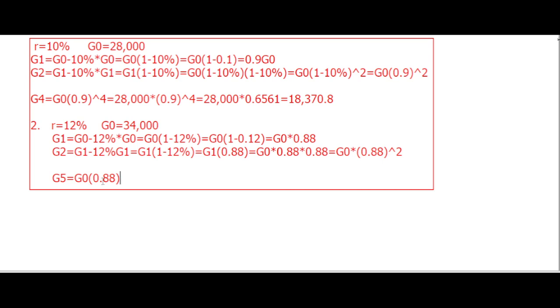We have given G0 34,000 times 0.88 power 5, which is equal to, now let's calculate 0.88 power 5.